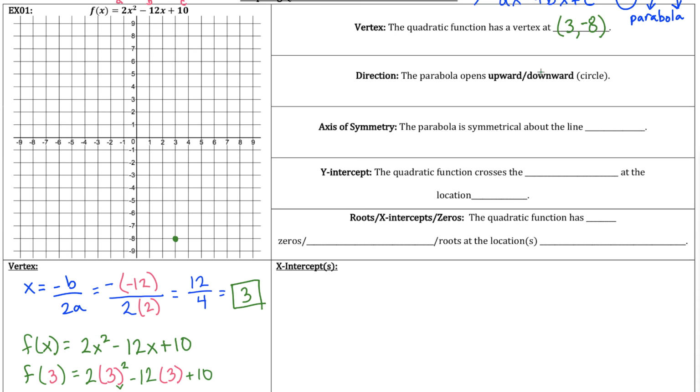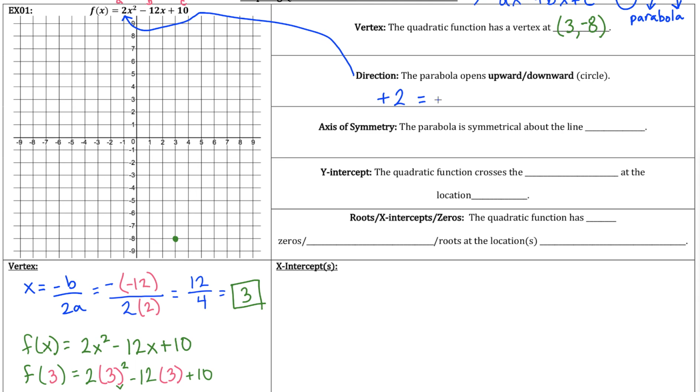Okay, and so it says it'll open upward or downward. You can look at your calculator if you want. It doesn't matter to me. But the easiest way is to look at this number right here, which is positive 2.